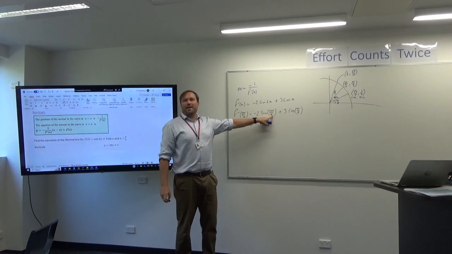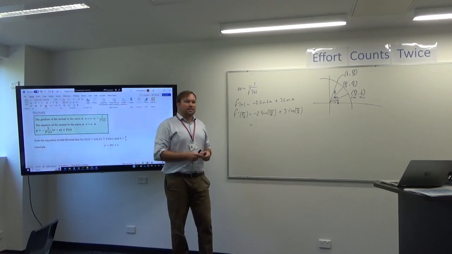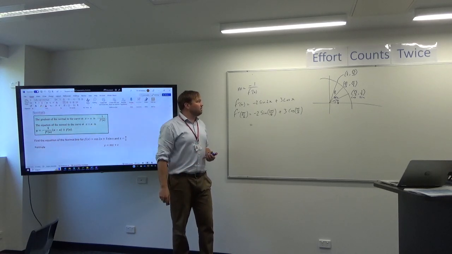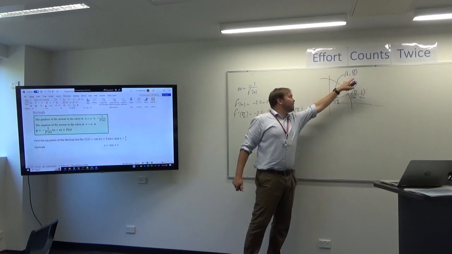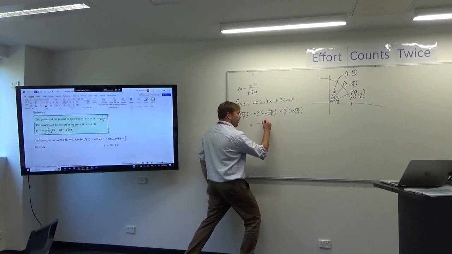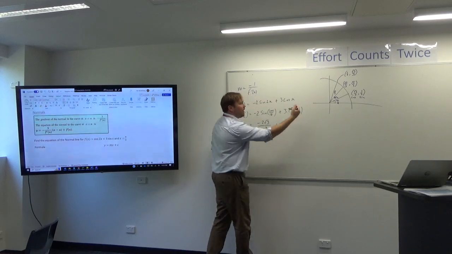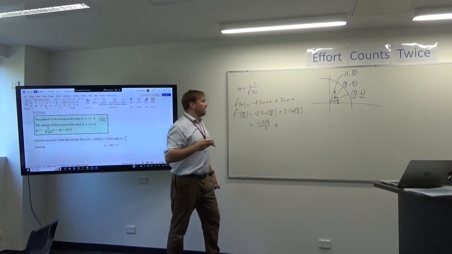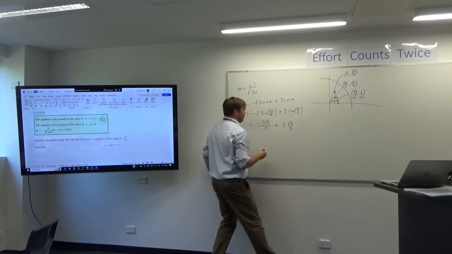This is pi on 3, so from our little diagram, what was sine of pi on 3? Root 3 over 3. Yeah, root 3 on 3. So this is minus 2 lots of root 3 on 3. What's cos of pi on 6 here? Lovely, so it's 3 lots of root 3 on 3.